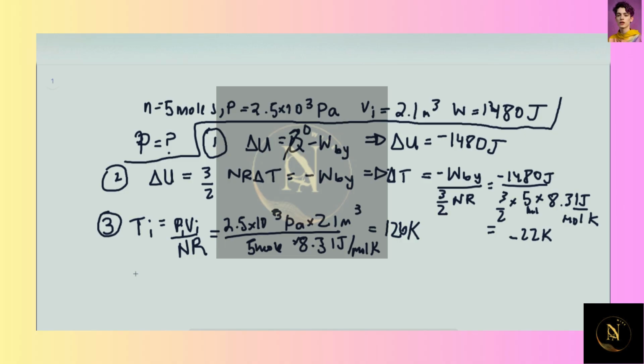Now we can get T final, given that we know the delta T from here. It's 126 minus this 22, and these are both Kelvin. That gives you a T final of 104 Kelvin.